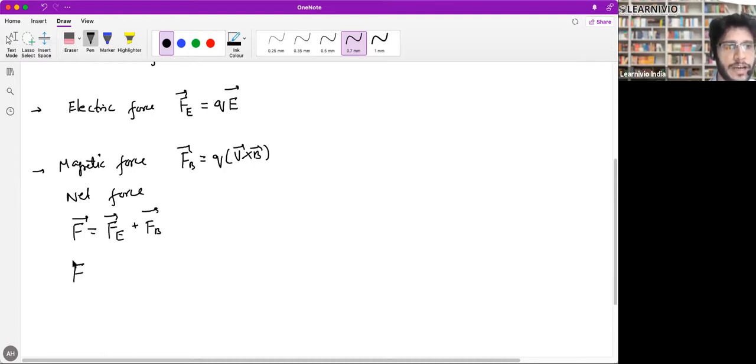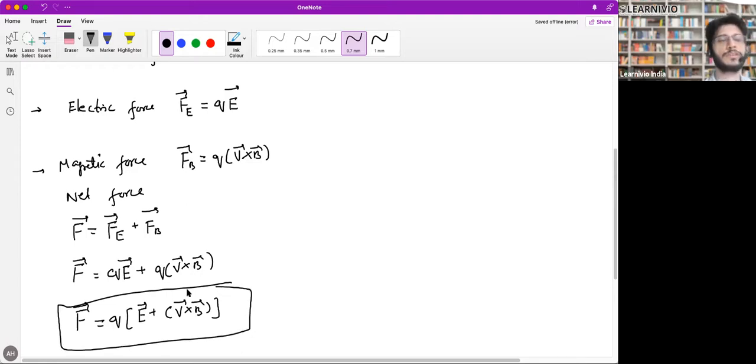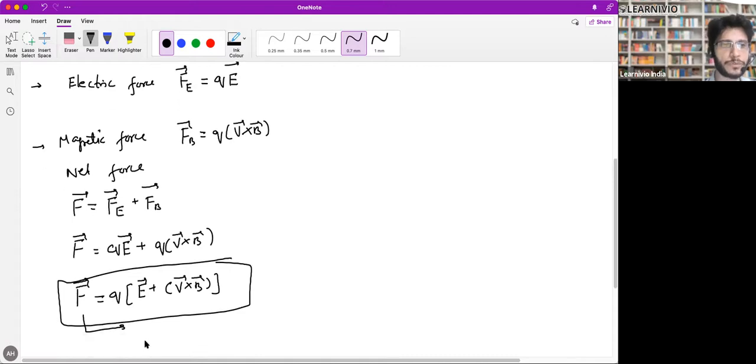So you can say that net force is the electric force, QE, plus the magnetic force, QV cross B. You can write this as F is equal to Q times (E plus V cross B). This force is known as Lorentz force.